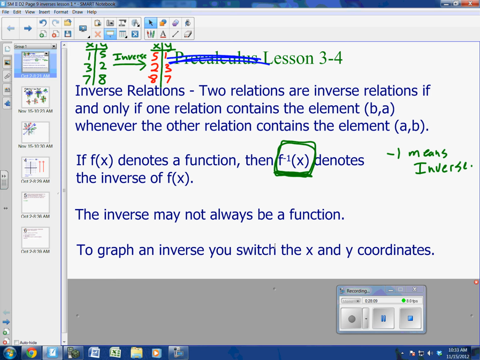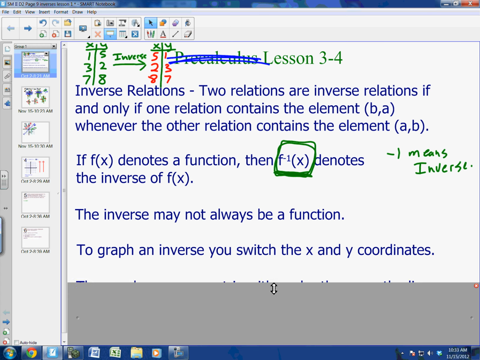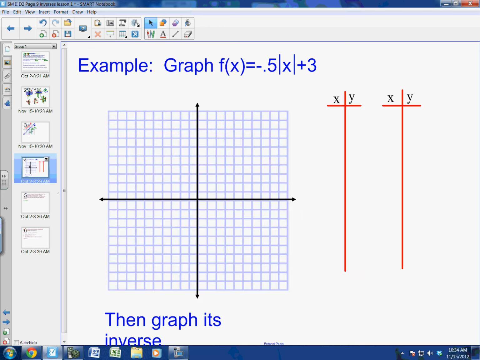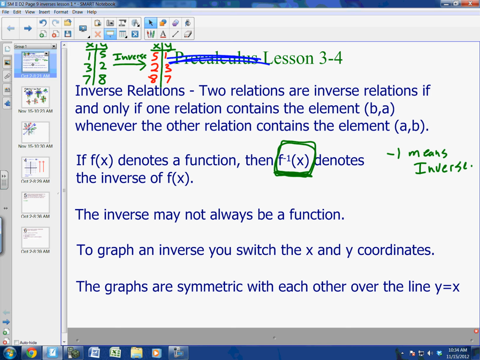And the graphs are symmetric with each other over the line y equals x.